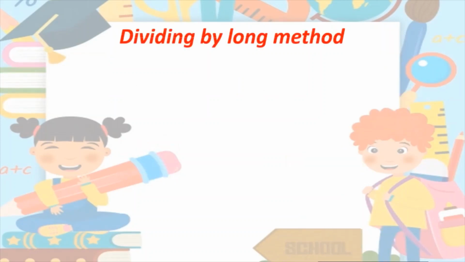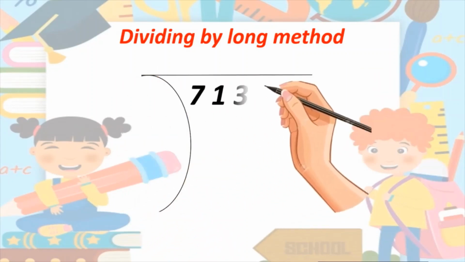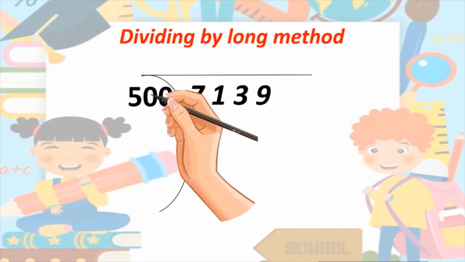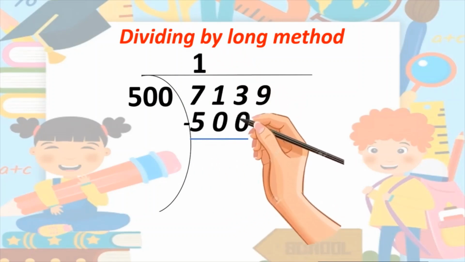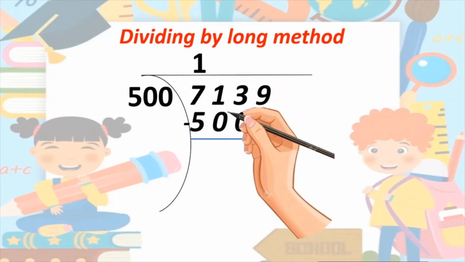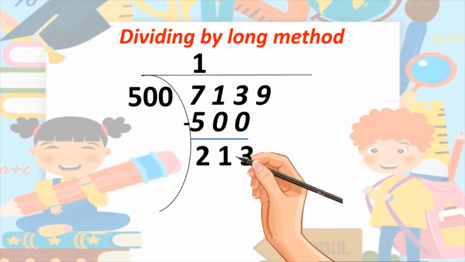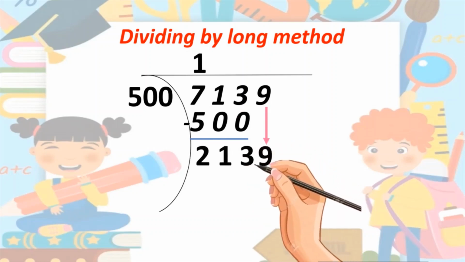The next number is 7139 divided by 500. So 500 is a 3-digit number. So let us consider the first 3 digits together and we find 500 ones are 500. This is the long method, so we can write it down. So the remainder here is 213. We bring down the next digit, that is 9.